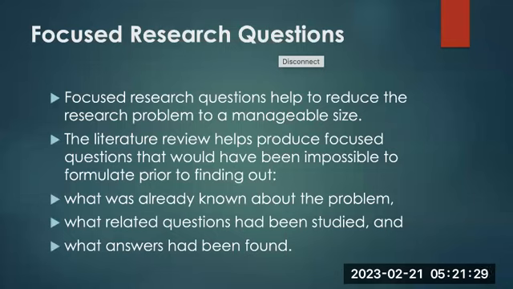So again, doing a literature review helps you to narrow and focus your research questions and research problem, because you know what has already been studied before and what has been found, so you avoid duplicating research that has already been completed. So now let's go to the next step of writing a research hypothesis.